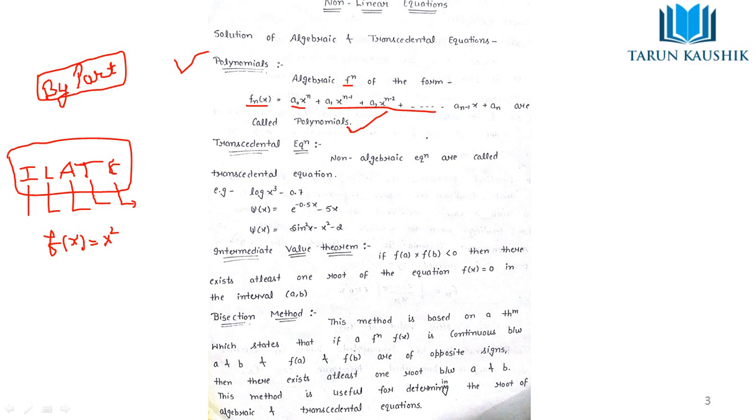This is a polynomial. And a transcendental equation is non-algebraic, meaning other than algebraic, all forms like logarithmic, trigonometric, exponential, are known as transcendental.